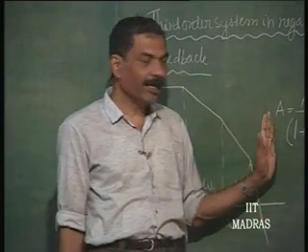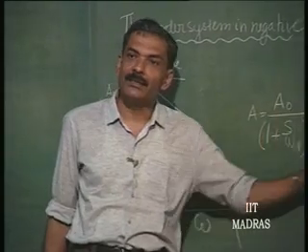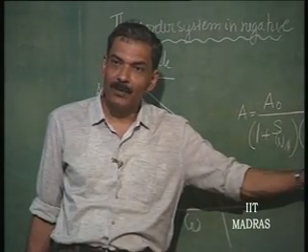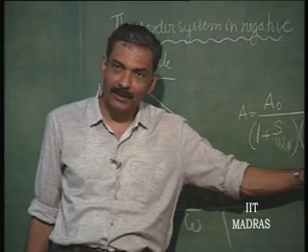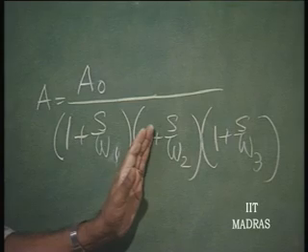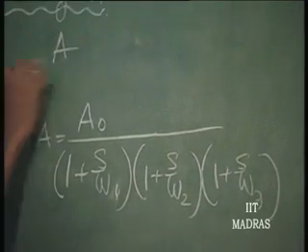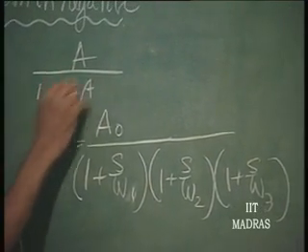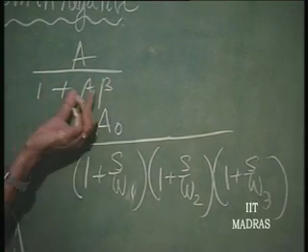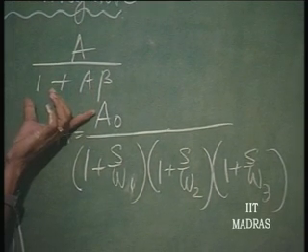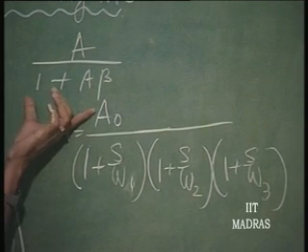That means A becomes some negative value. That means it becomes positive feedback. Whatever you have earlier thought of as negative feedback now becomes, because the gain is going to be A by 1 plus A beta, A becomes some negative value. That means it becomes positive feedback beyond that frequency.